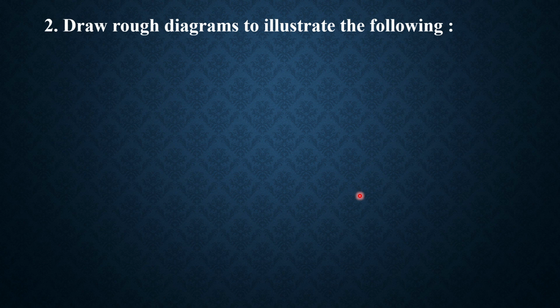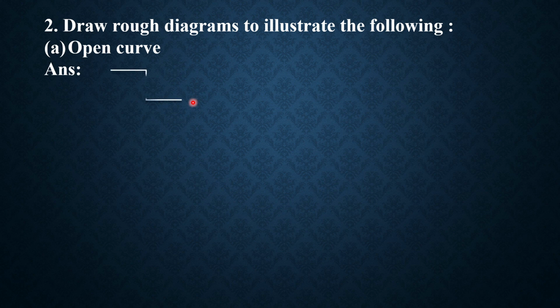Next we have: draw rough diagrams to illustrate the following. An open curve and a closed curve. We are going to draw our own diagrams to represent the open curve and closed curve. Here is the curve we have.